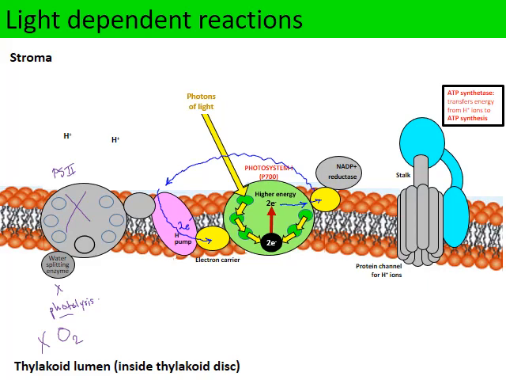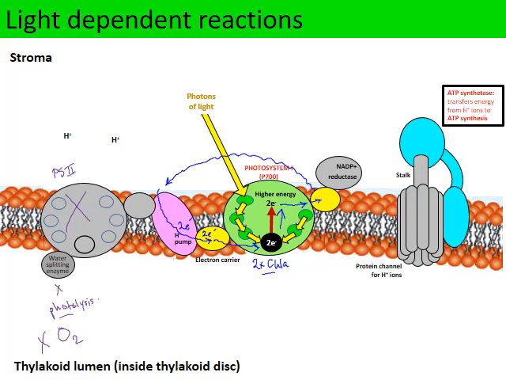So we know 2 electrons have been released from chlorophyll A in the reaction center. So we know there's 2 times chlorophyll A down here. These low energy electrons from the ETC are needed to replace those lost from the chlorophyll A molecules in the reaction center. So you can start to see this is a cyclical process, and it keeps repeating itself.